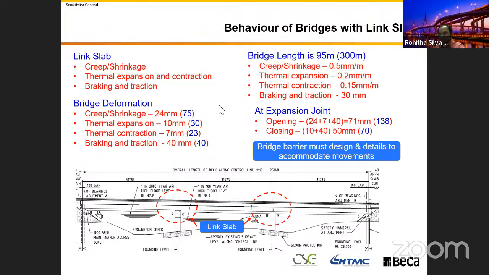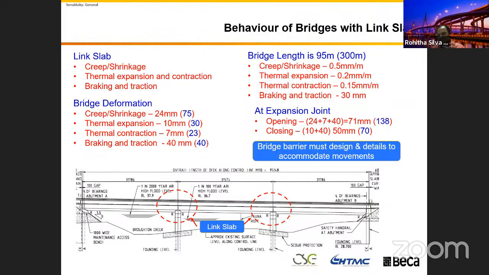As I mentioned before, our barrier is monolithically connected with the bridge. Suppose the bridge length is 95 meters, you build your barrier 95, it's like a bridge deck. You can say because the bridge deck with the link slab is 95, my barrier is also the same 95. Then you will see what happens to the barrier if you let that barrier shrink by 71 millimeter, right?